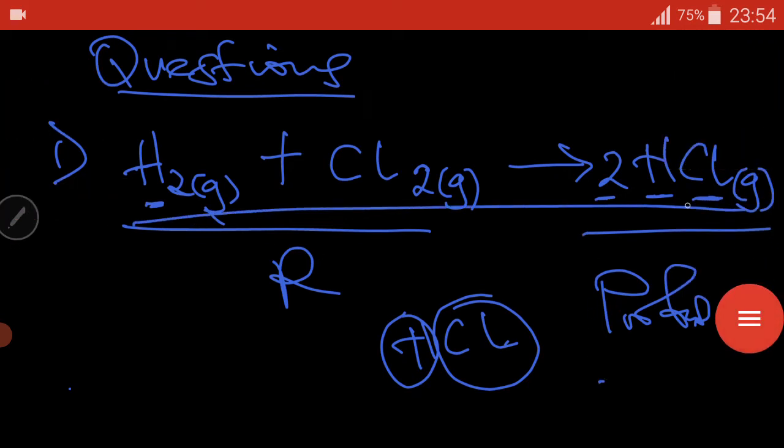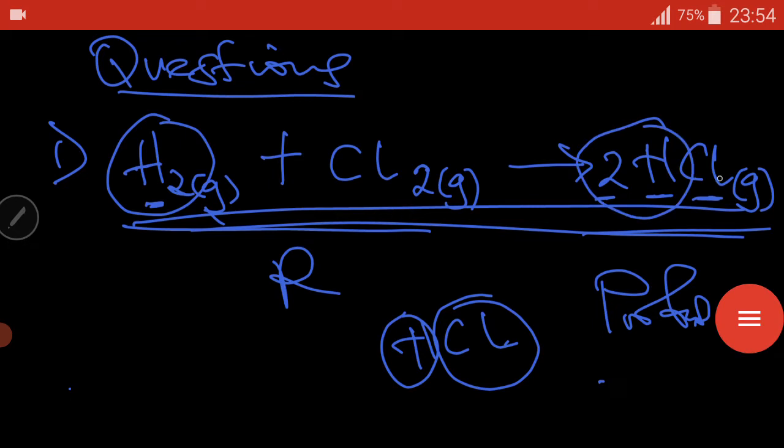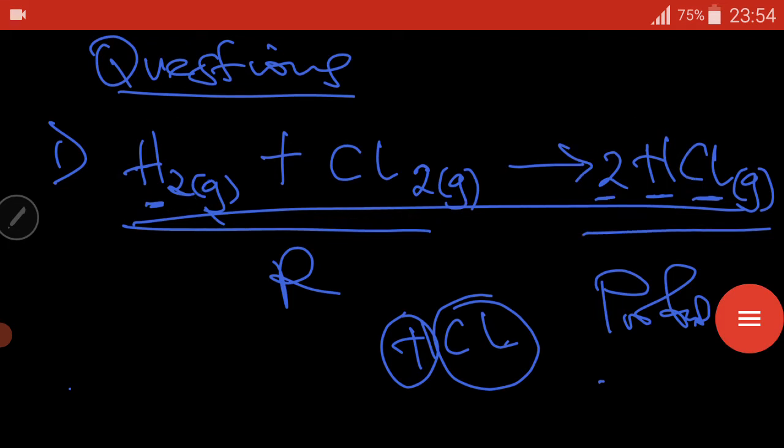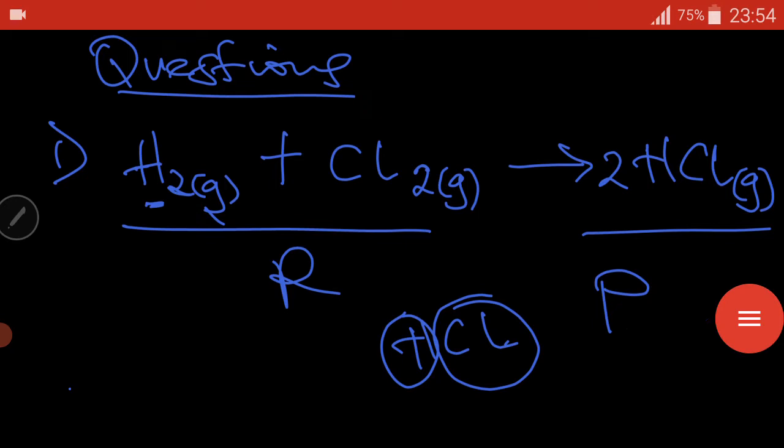So this question is balanced like this: 2 hydrogen, 2 hydrogen. This 2 is for chlorine as well, so 2 chlorine, here 2 chlorine. So that's a balanced equation.